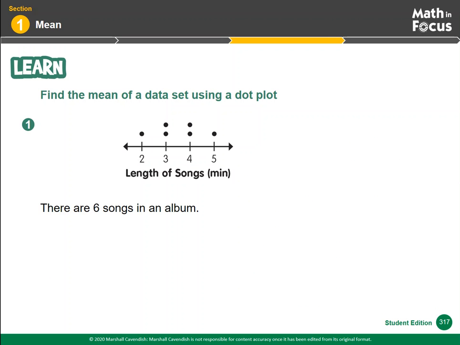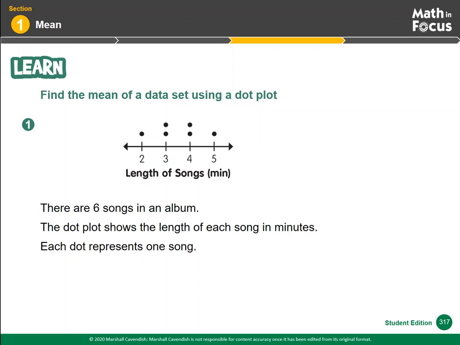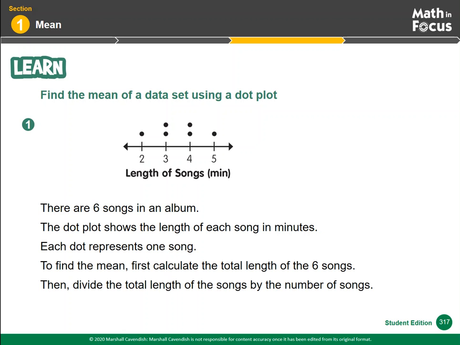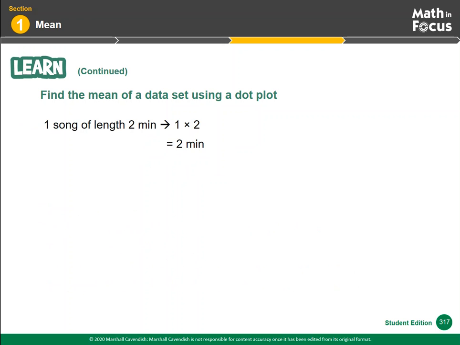There are six songs on an album. The dot plot shows the length of each song in minutes. To find the mean, first calculate the total length of the songs, then divide the total length by the number of songs.